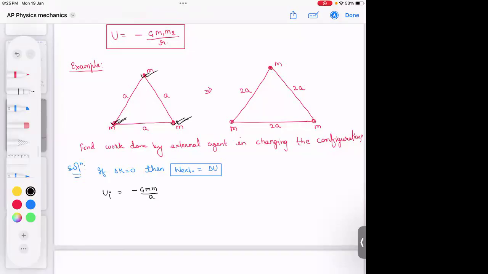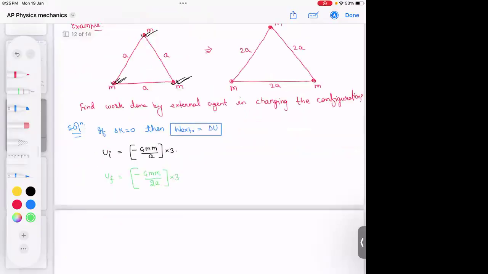Again one more pair. Do you see that all these three pairs are exactly the same? So should I multiply it by 3? That is your initial potential energy. What is your final potential energy of the system? Minus 3 G M1 M2 by 2A, because now the side has become 2A.